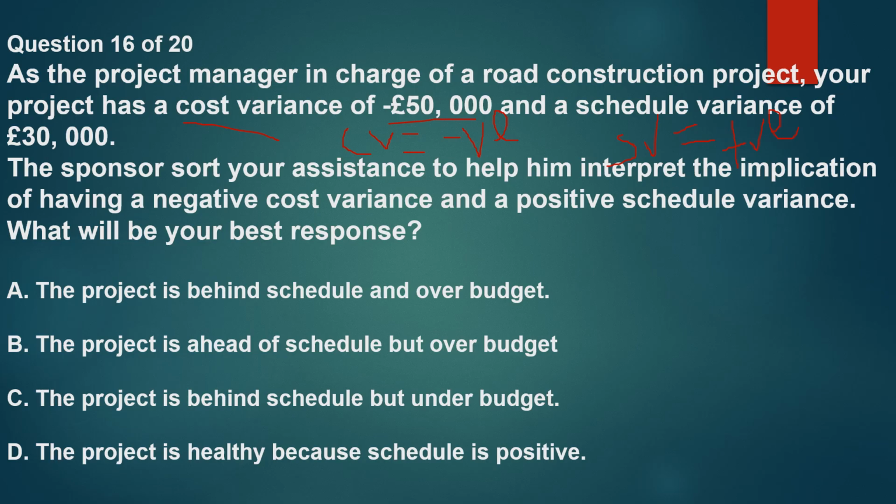So in this case, we say that the project is over budget. Okay, now let's look at this one. A schedule variance of $30. What does this mean? When schedule variance is $30 and in the positive realm, we say the project is ahead of schedule.